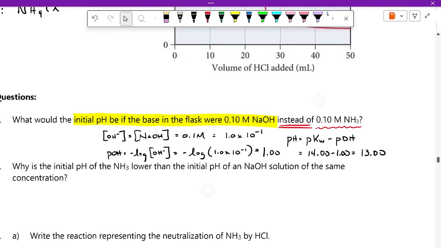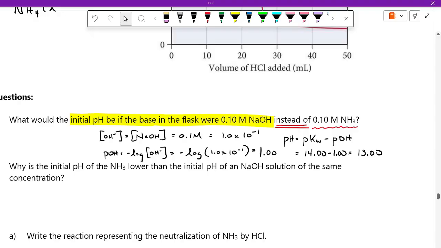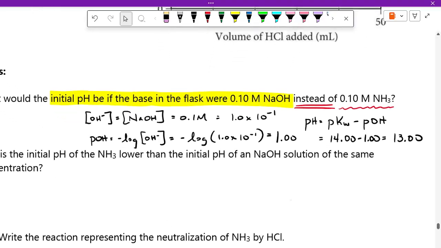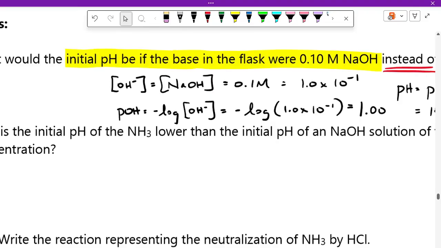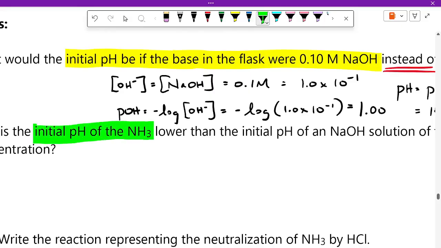Why is the initial pH of NH3 lower than the initial pH of NaOH? Why is the initial pH of NH3 lower than 13?